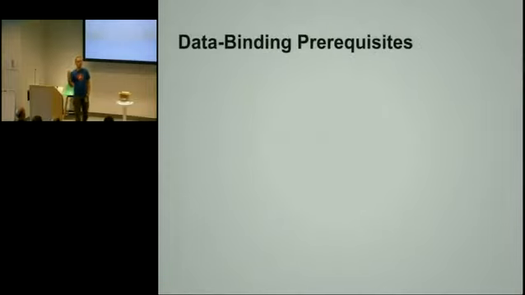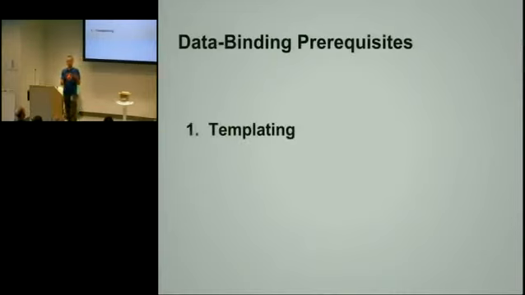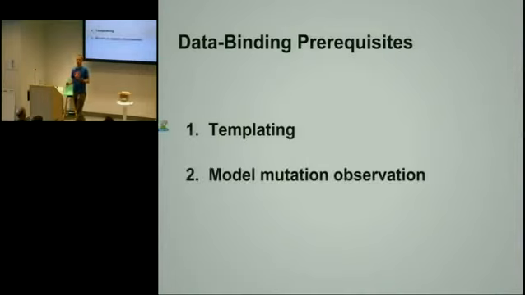So in order to do data binding, there are some things that you need, and this is generally applicable to any kind of technology. First one is templating. So you need some kind of templating engine through which you can declaratively specify where the data bindings are. And you need model mutation observation.